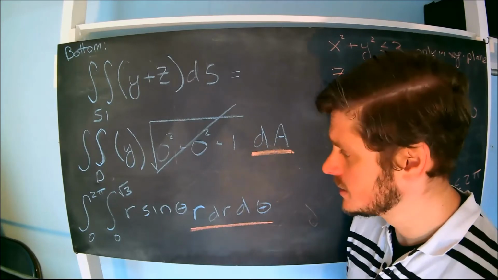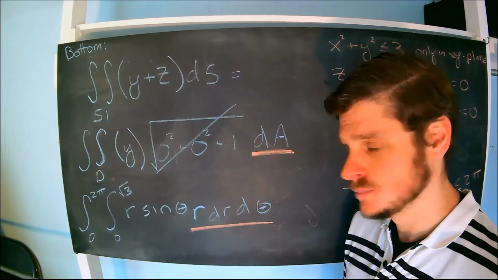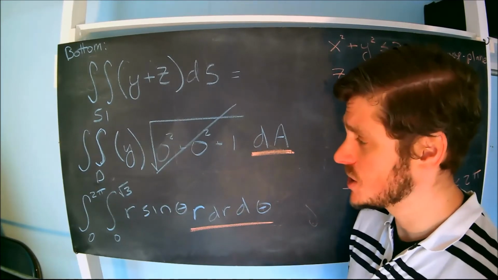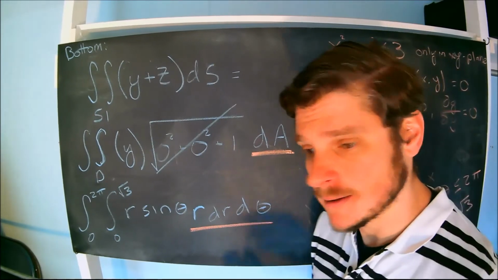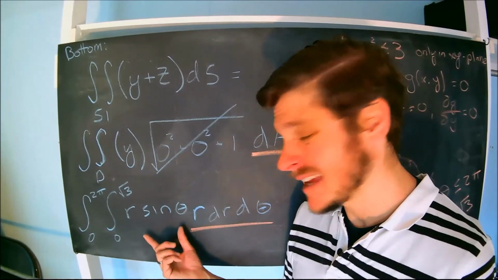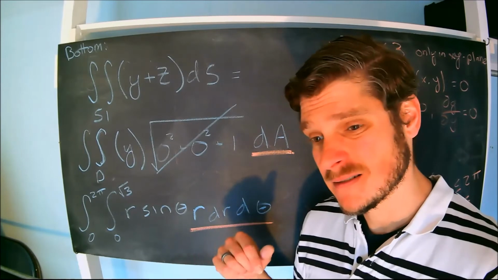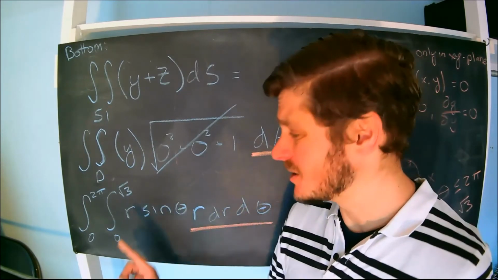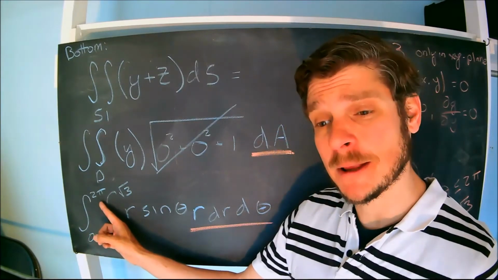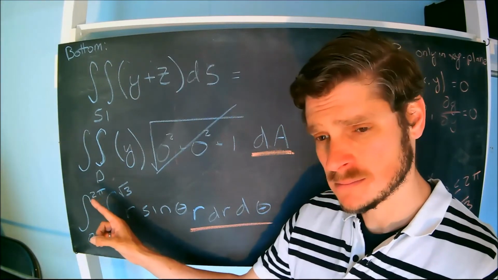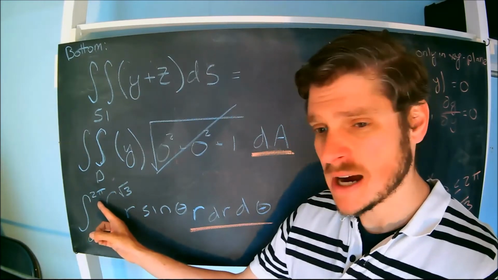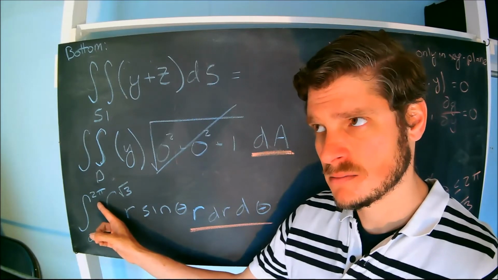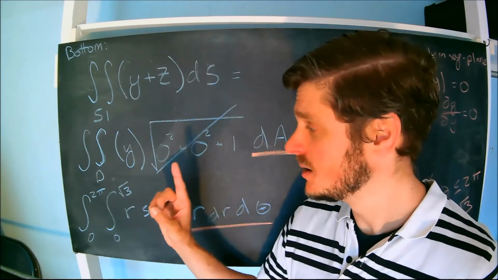The integral of sine is, well, negative cosine. But here's the part. When I integrate that sine function, I get negative cosine. When I plug in my limits of integration, when I evaluate my upper limit, 2 pi, well, cosine of 2 pi is 1, so that'll be negative 1.